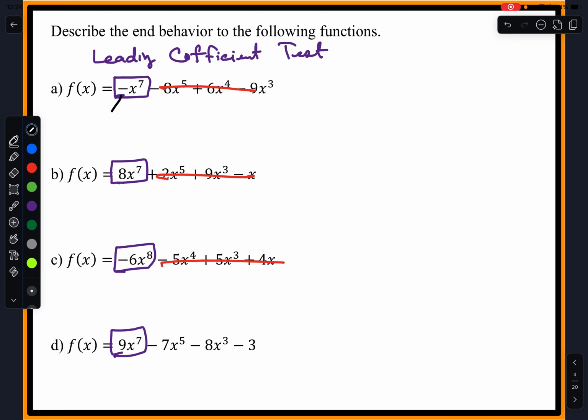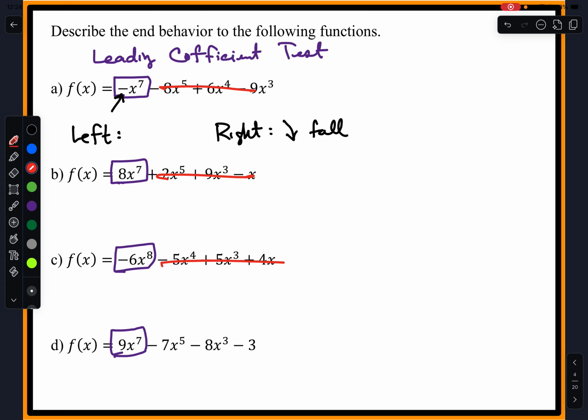Since this number right here is a negative value, that tells us that the right side is going to decrease, that the right side is going to fall. Now, to determine how the left side is affected, we look at the degree.